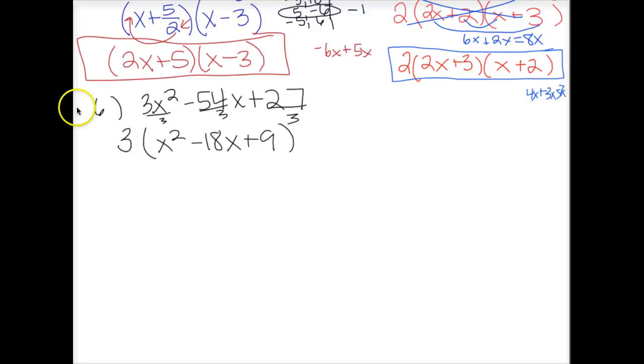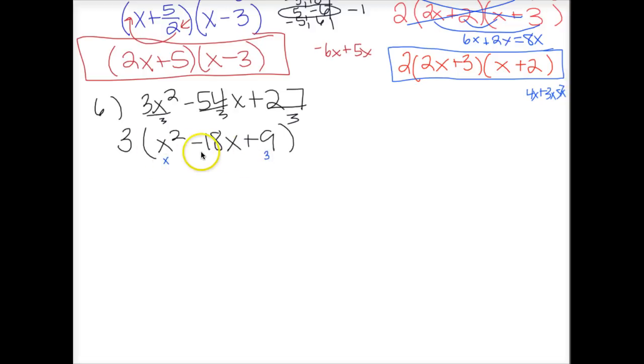So I did GCF. Now I'm going to look to see if what remains factors further. So it doesn't have a GCF anymore. It can't be a difference of squares because it's 3 terms. I look to see if it could be a PST because 9 does have a perfect square root and so does x squared.